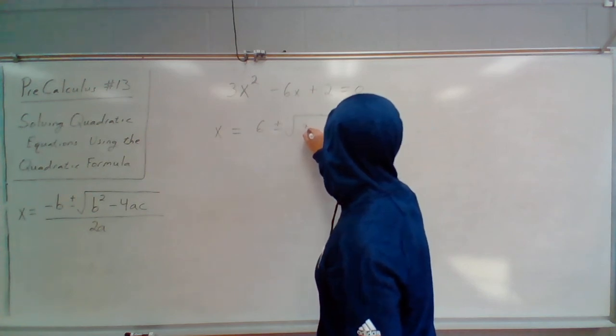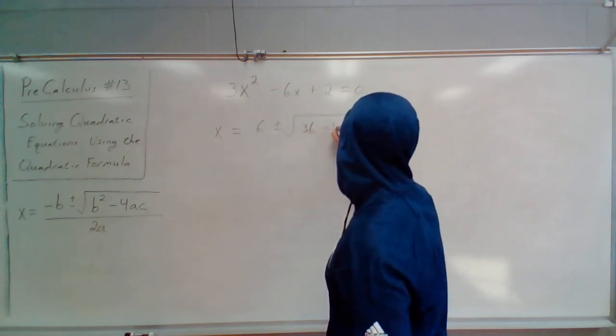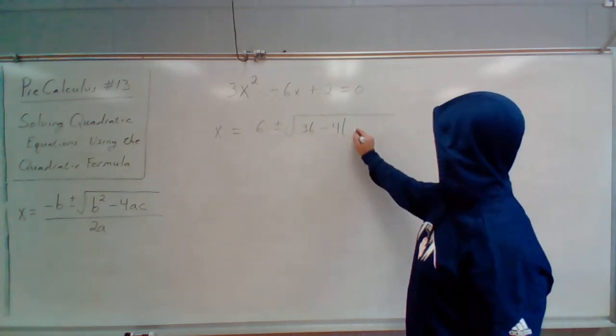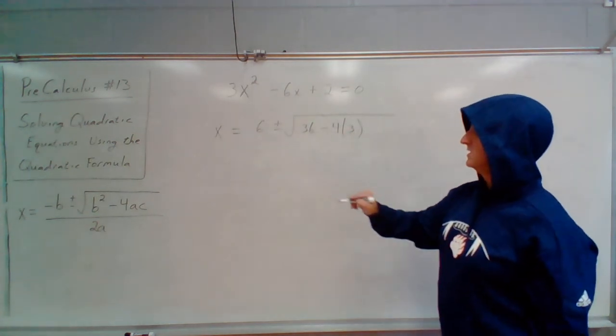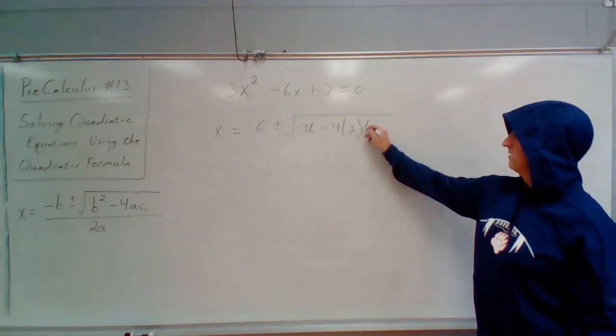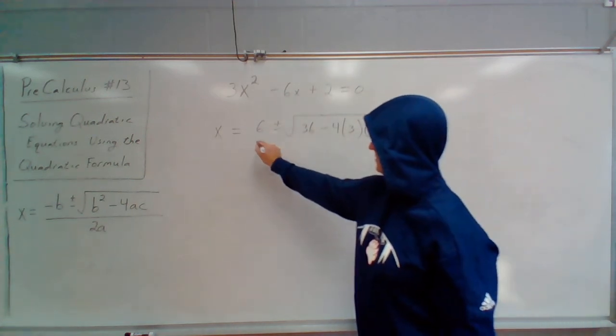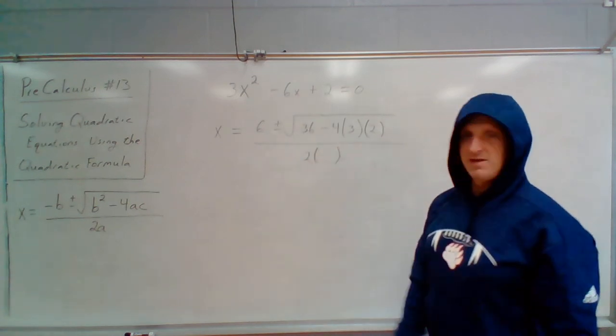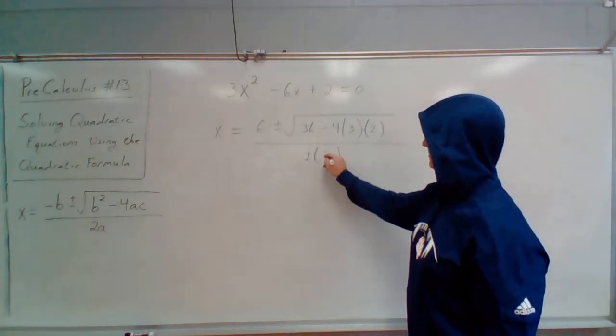So that'll be 36 minus 4 times a. My a is 3 times c, which is 2, all over 2 times a, and my a is 3.